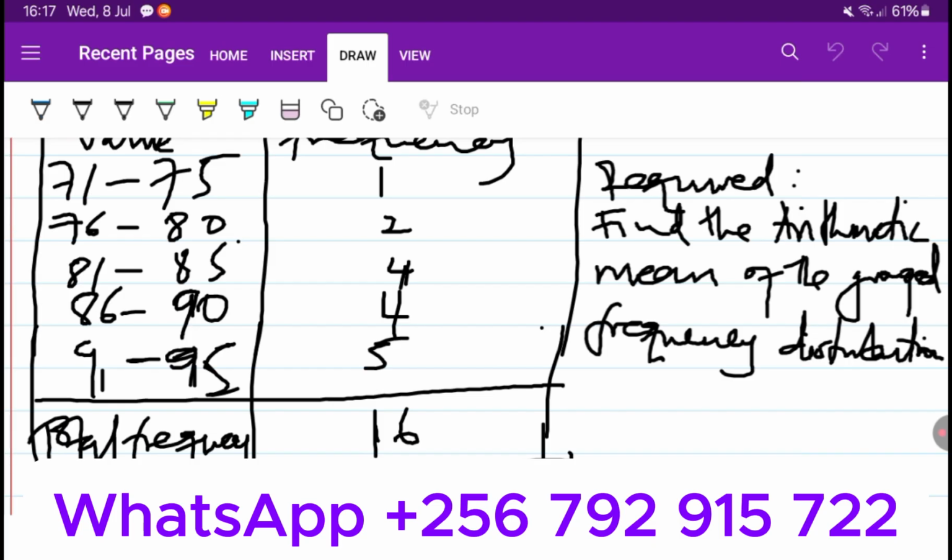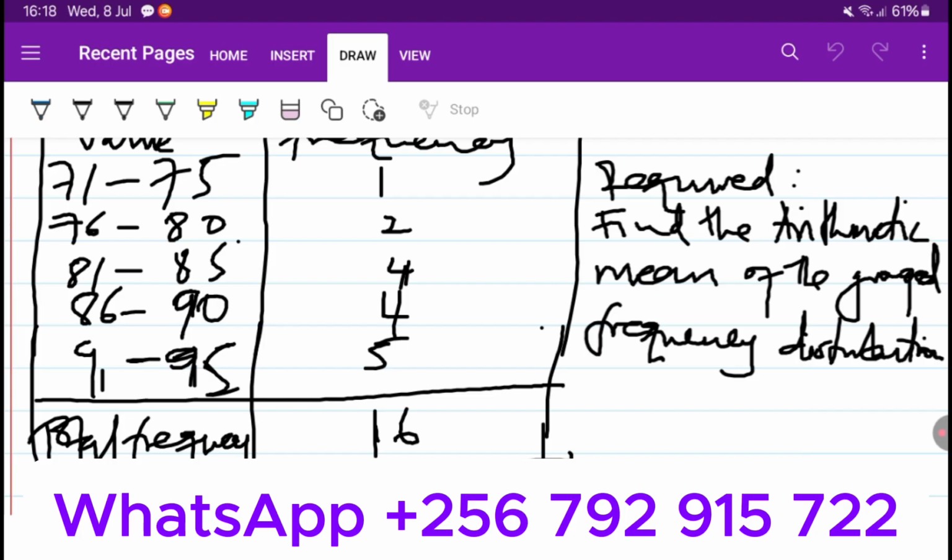And of course, the first thing that we need to do is to make sure that we find the class midpoints or mid values of each of the classes that have been given to us. And once we have the midpoints, you go ahead to compute the mean using those midpoints as our x values, and sometimes they call them class marks.